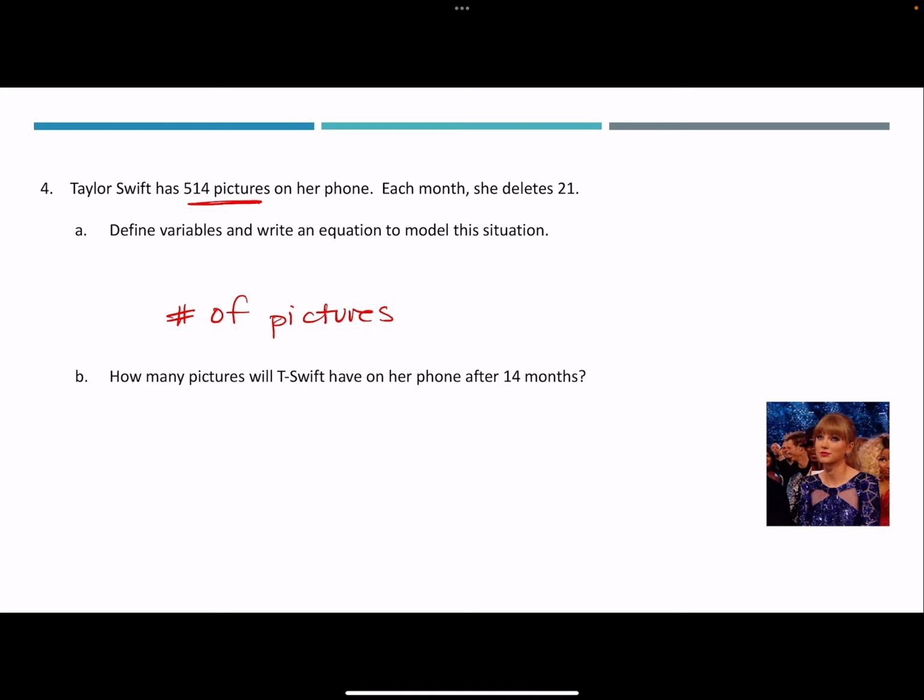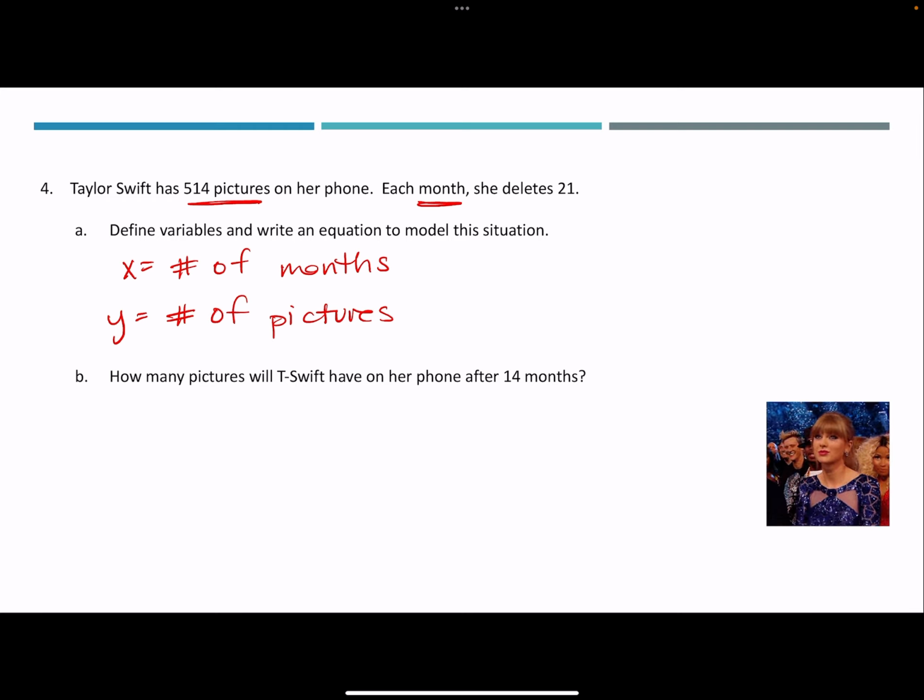And what else? Well, it says each month. So months are going by, right? So it's the number of months. And the number of pictures she has depends on how many months have gone by. So this is Y and this is X.